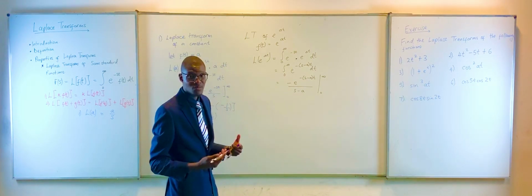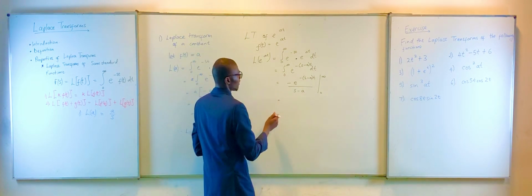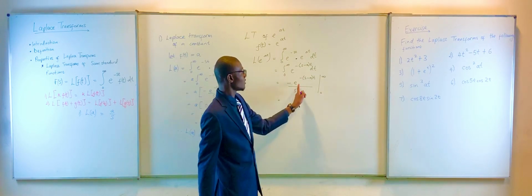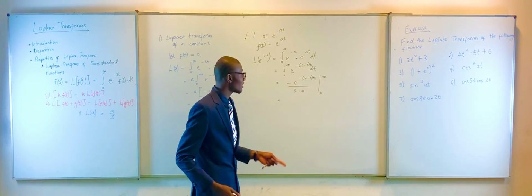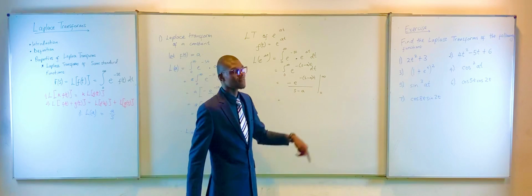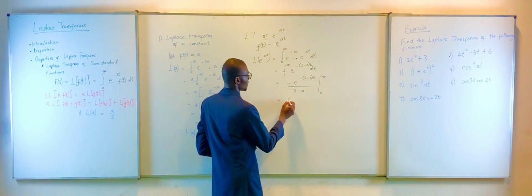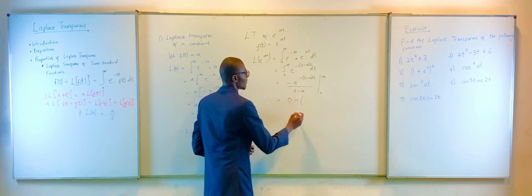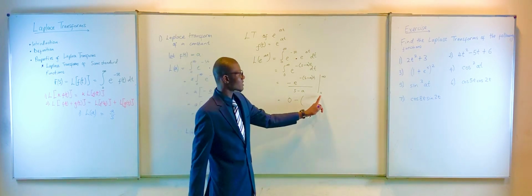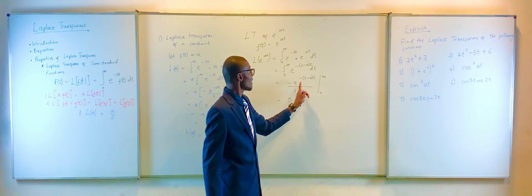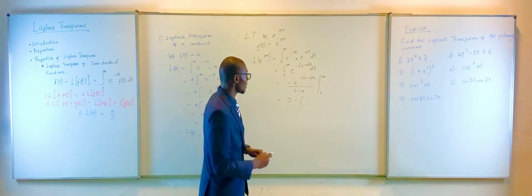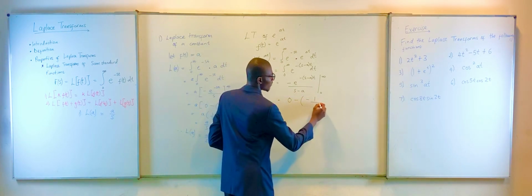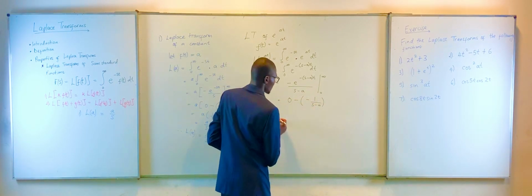So now if we substitute the limits that we have, right, e to the power of minus infinity would just give us a 0, then minus, open bracket, now we substitute the lower limit. So if we say e to the power of 0, we get a 1. So this is now minus 1 over s minus a.